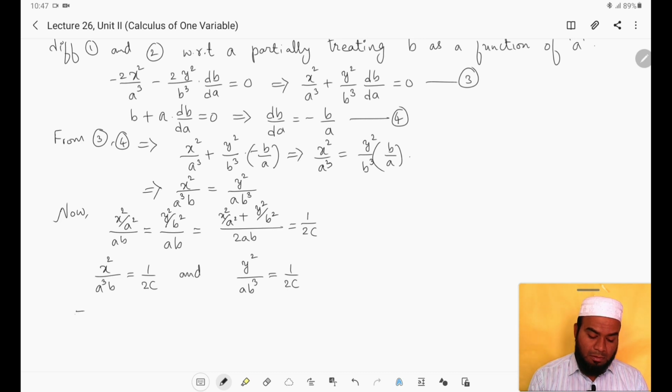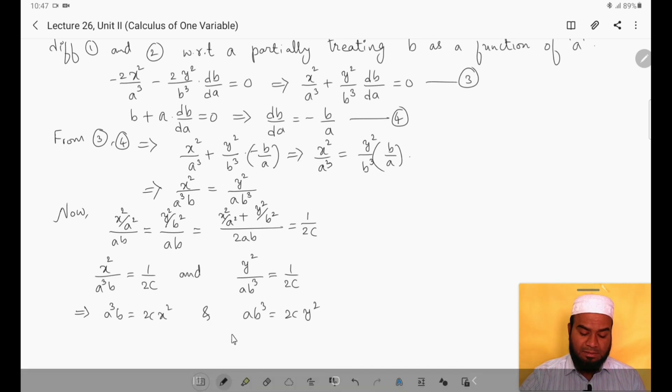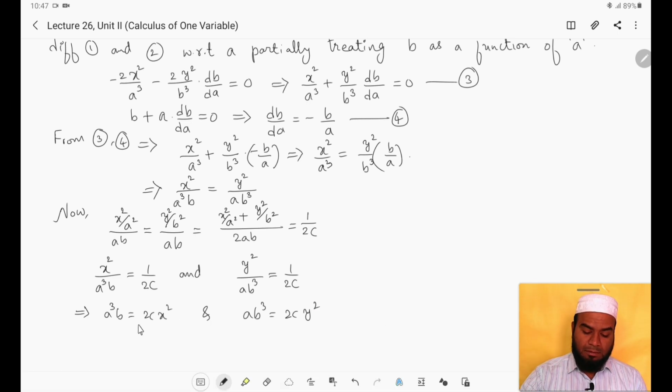Now a cube b equals to 2c x square and a b cube equals to 2c y square. So what we are doing here, see this carefully. 2c x square I am taking this side, then a cube b will remain, and a b cube I am taking this side, then 2c y square will remain.